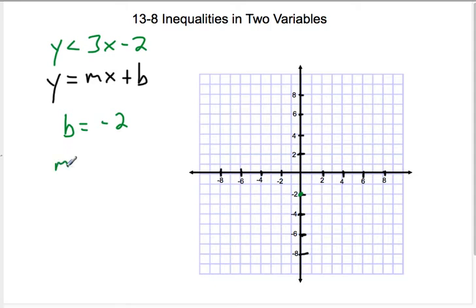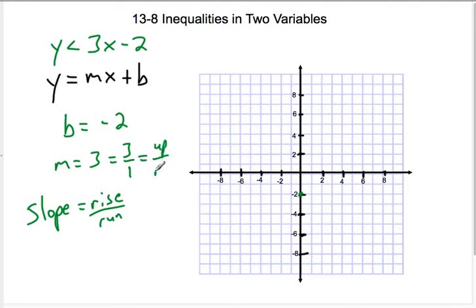And then we know the slope is 3, which we want as a fraction because we need a rise and a run. So the rise, remember slope is rise over run. So up 3 and right 1. 1, 2, 3, 1. 2, 3, 1.